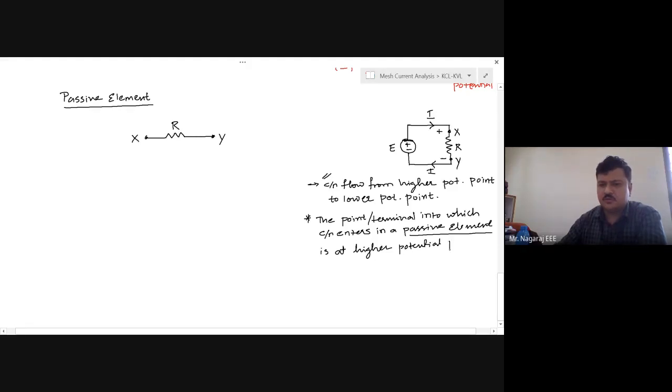This is very important. So the point where the current is entering into R is the higher potential point.